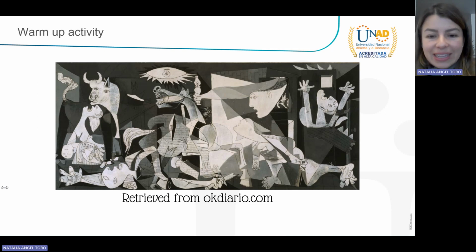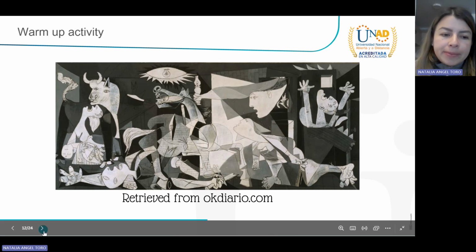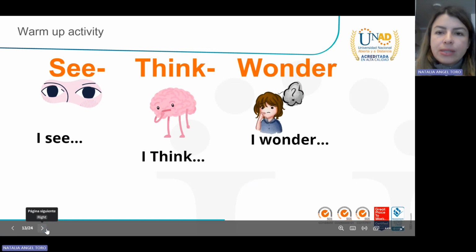So great, excellent. As you can see, this kind of exercise allows us to look for vocabulary, for synonyms, look for ways to express ideas, but also to have a correct way to express ideas using see, think, and wonder. It's very useful.